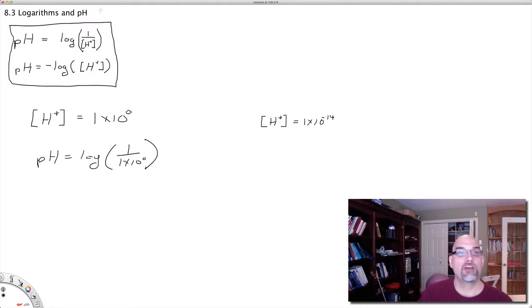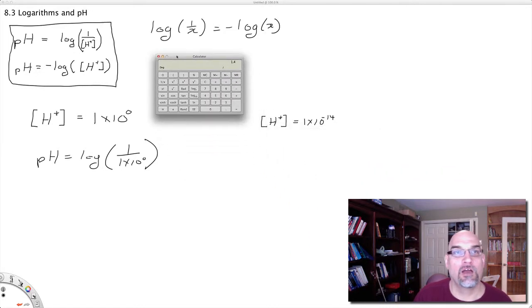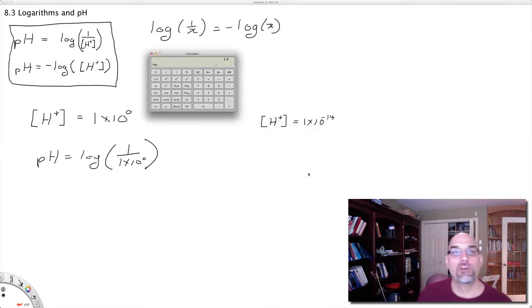Now, there's a rule of logarithms that tells us that the log of 1 over x is equal to negative the log of x. That's just a property of logarithms. It is mathematically provable, but we're not going to do that in this class. But I would like you to verify this.